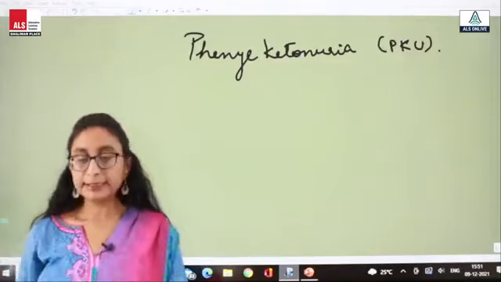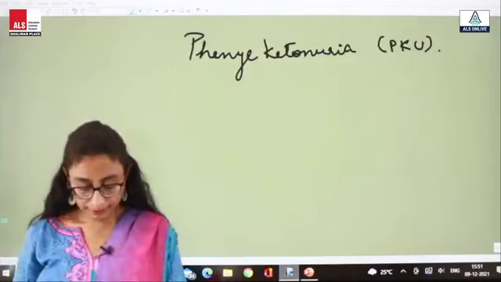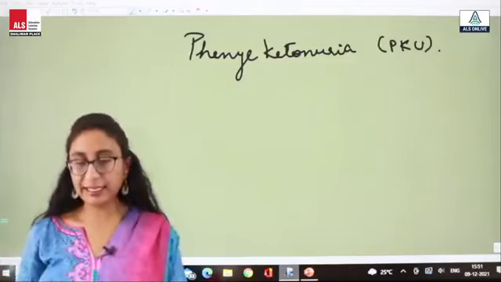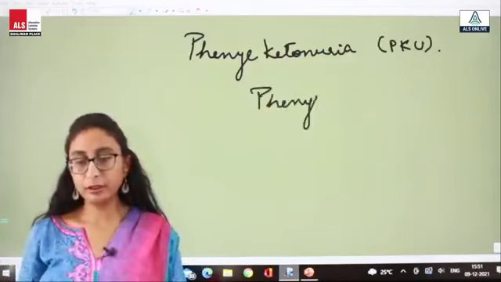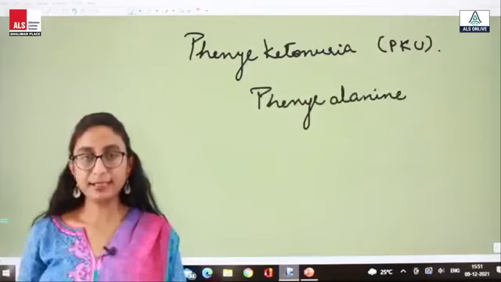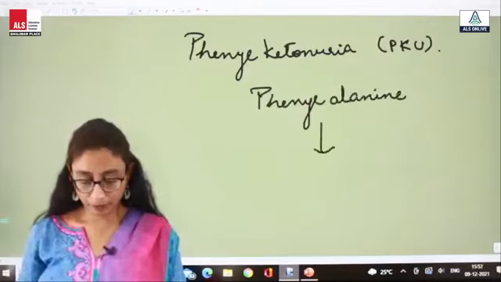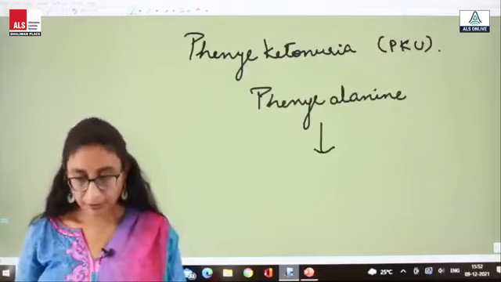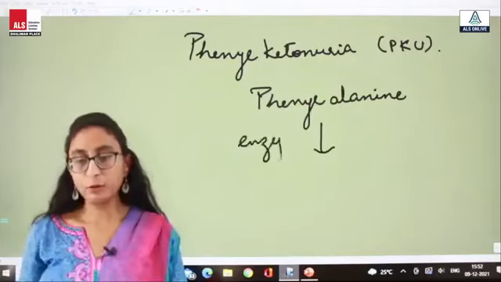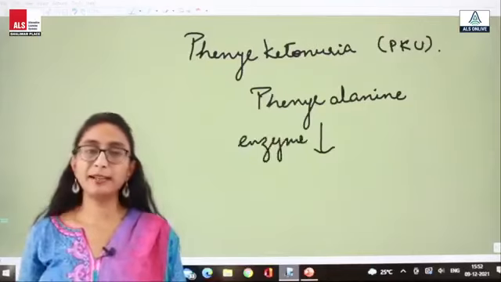So there is a component called phenylalanine, which is an amino acid, and that needs to be broken down by an enzyme. There is an enzyme which will break down this phenylalanine further.